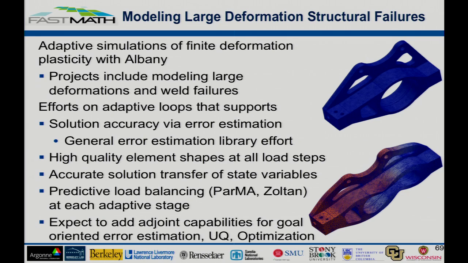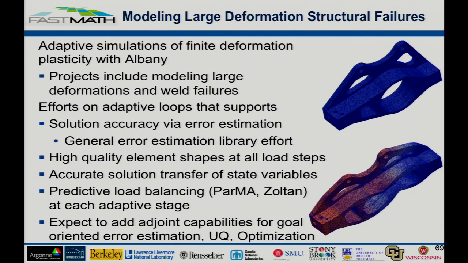Porosity in the weld leads to several different failure scenarios that we're interested in seeing how those evolve. Adaptive capability is mandatory for this. In fact, the example problem that we have for Albany motivates a weld failure application and talks about why porosity impacts the evolution of the weld failure problem.